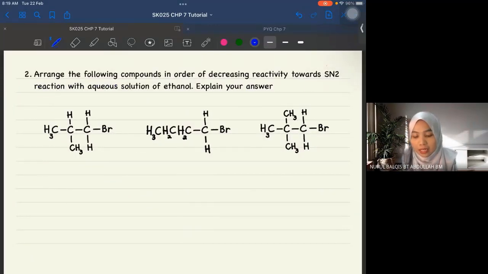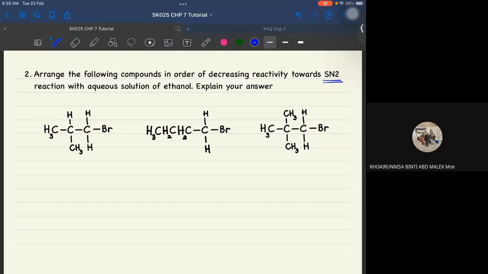So, sekarang ni kita tengok pula the second question. Still on reactivity towards the reaction, but now we have SN2 mechanism. When we say 2, dia adalah nucleophilic substitutions involving two species at a time during the rate determining step. Boleh tak saya tahu siapa two tu? What are the two species involved? Haloalkane.